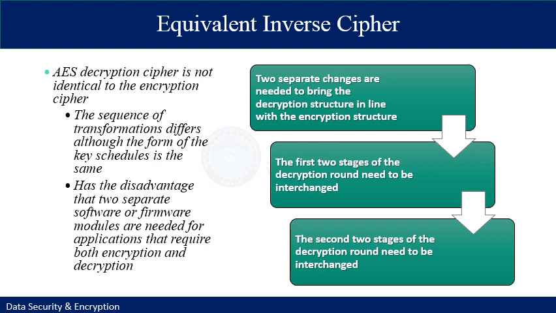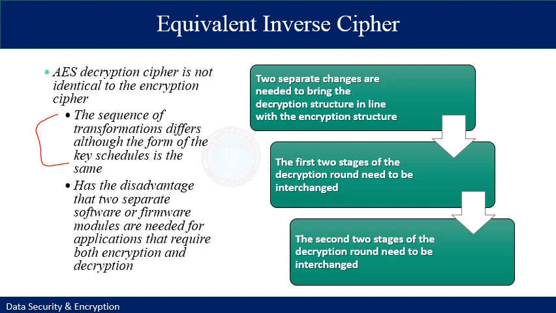So the AES decryption cipher is not identical to the encryption cipher, as we discussed that the encryption and decryption programs in AES differ from each other. The sequence of transformations differs, although the form of the key schedules is the same. That means you can use the same expansion keys or round keys, but the sequence of transformations is different.